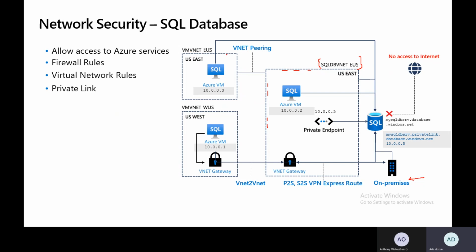So another virtual network is here. The name is VM virtual network East US. Then there's another one, VM virtual network West US. Of course, West and East mean the region where they are deployed. Because they are in different virtual networks, they have private IPs.